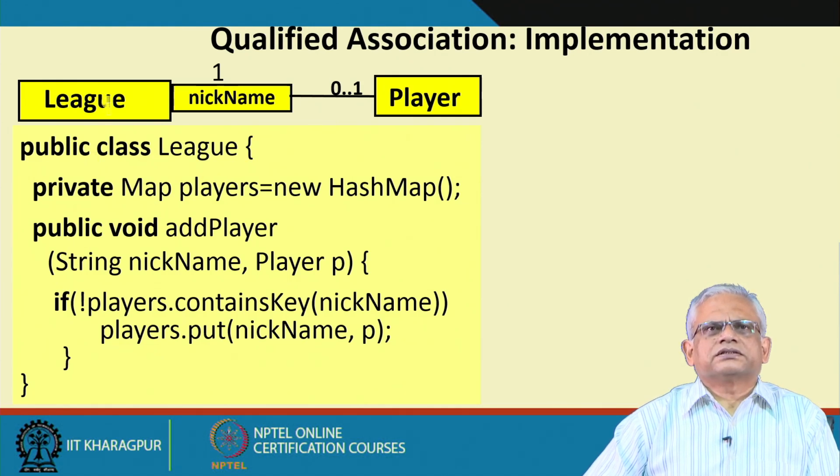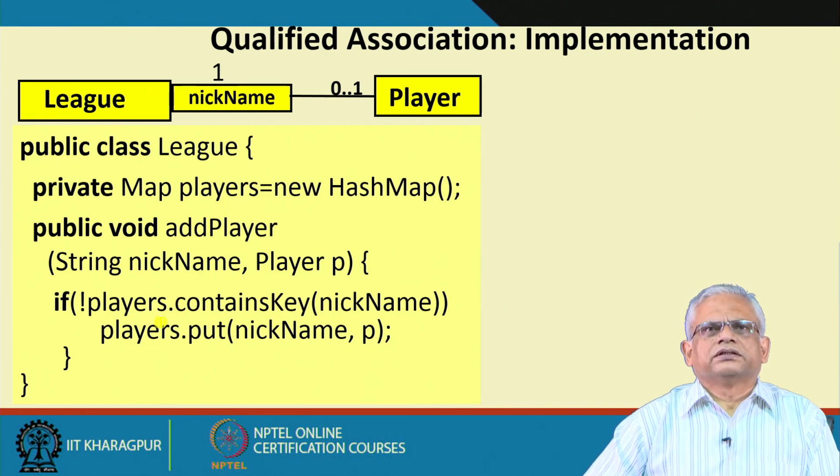On the league class, we need to keep track of all the players in the league. So, we use a map here, and now when we want to add a player to the league with a given nickname, this is the add player method with the parameters nickname and the player object. We first check all the players that are there so far.